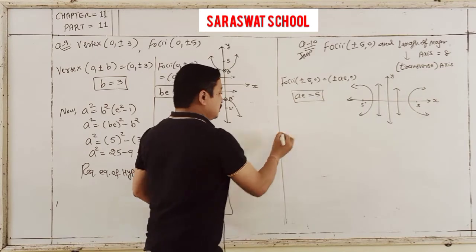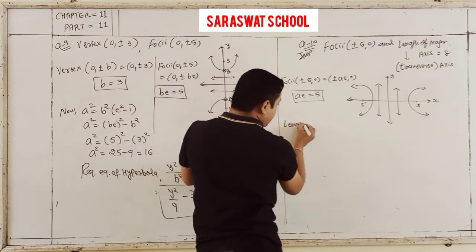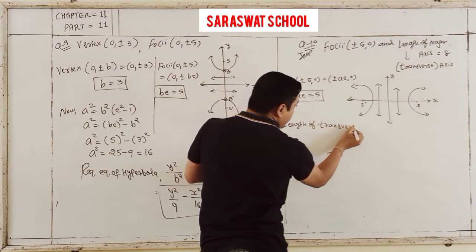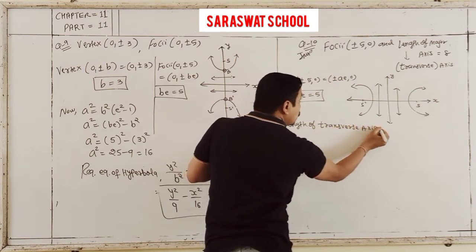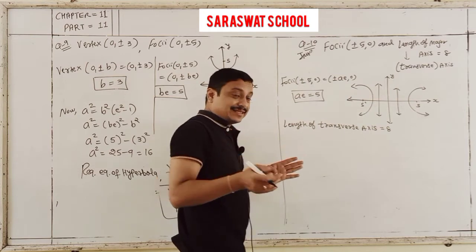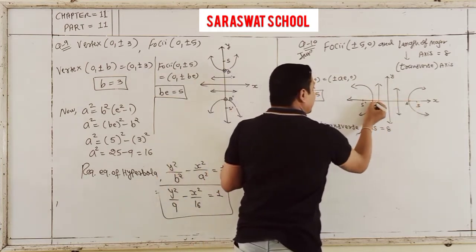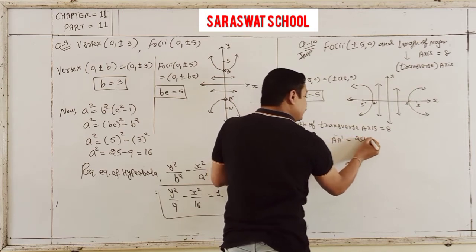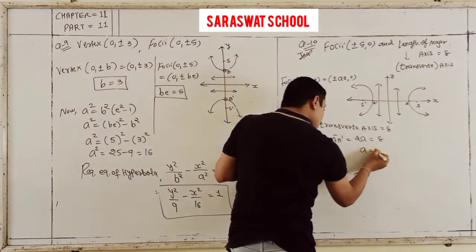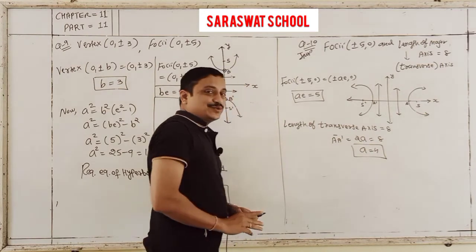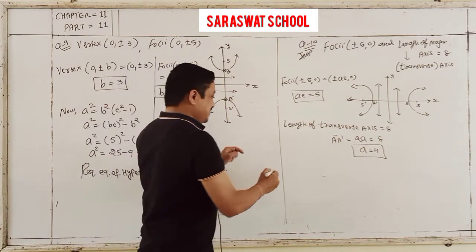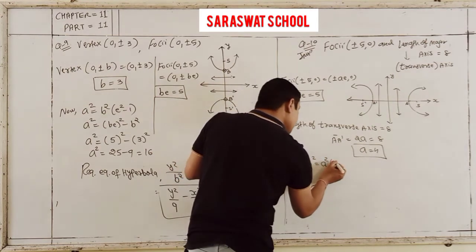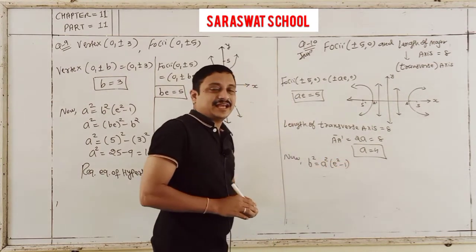Now continue, the length of the transverse axis is 8, so this length from A to A dash is 2a, 8, so a becomes 4. Now I go to formula number 3: b square is equal to a square minus a square.